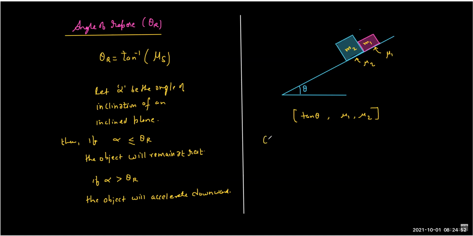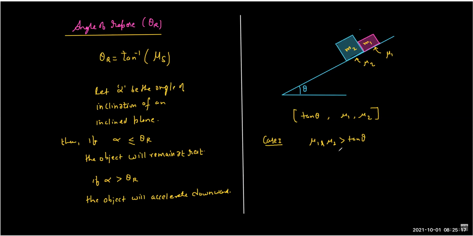So now we'll take case one. What if mu1 and mu2 both exceed tan theta? If both the coefficients of friction are more than tan theta, it means both the blocks will remain at rest.